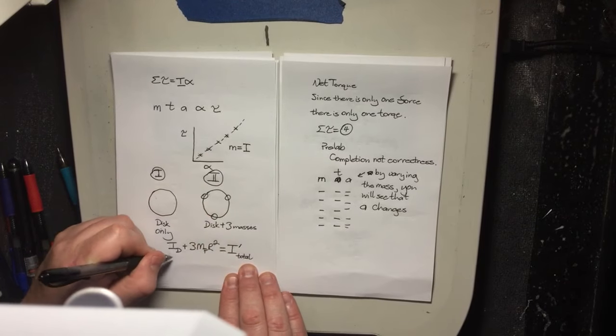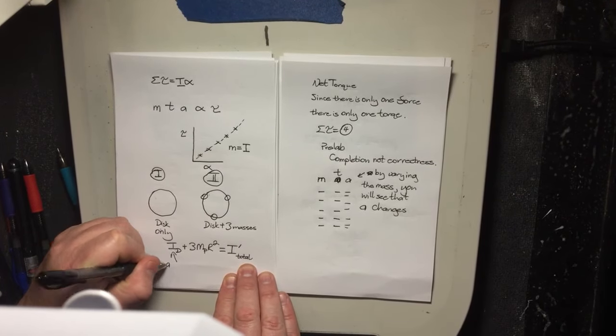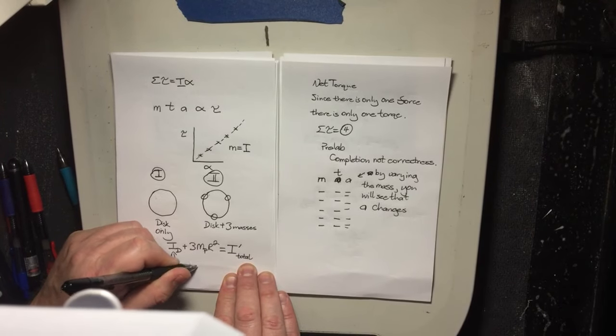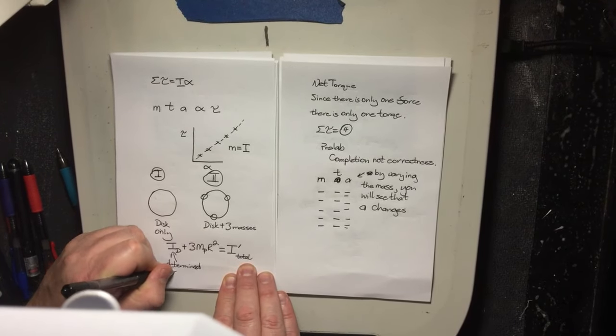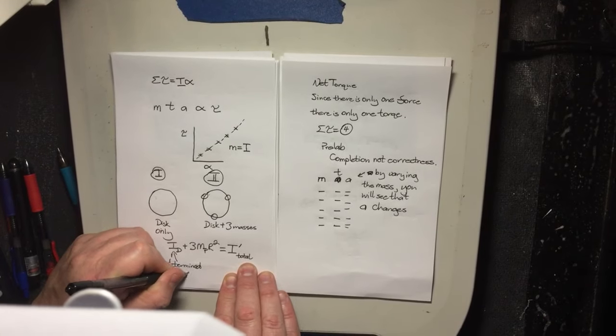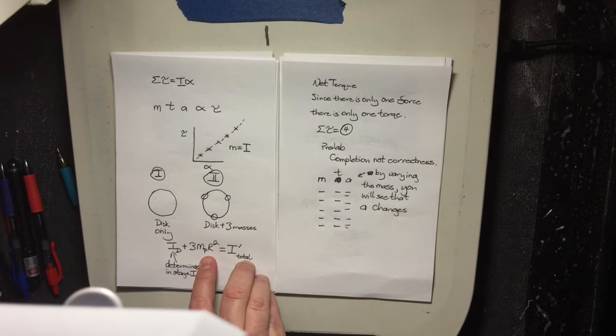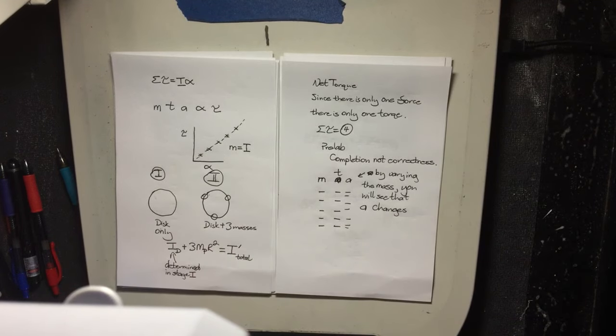So this is determined stage 1. These are, when you look at them, you go, well, they're cylinders. Don't I use the parallel axis theorem for cylinders and then move them outward? Yes, you could. But it's not a problem.